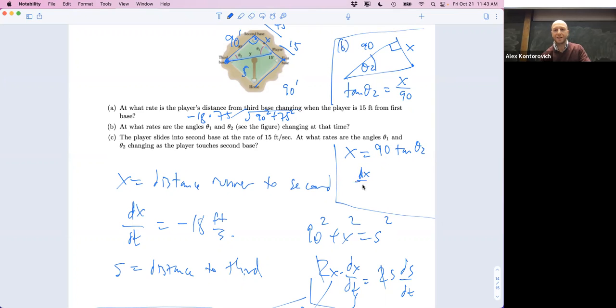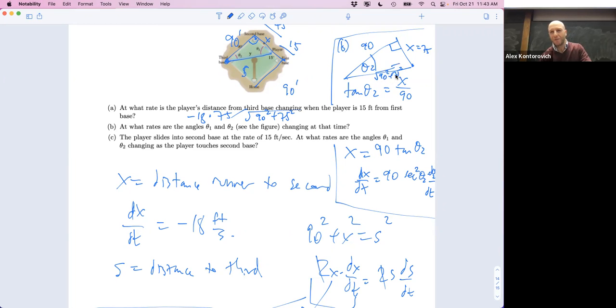dx/dt is 90 times... what's the derivative of tan? Secant squared. Secant squared theta 2 times d theta 2/dt. What rates are the angles changing at this time? Well, this is when x is equal to 75. So the hypotenuse is the square root of 90 squared plus 75 squared.